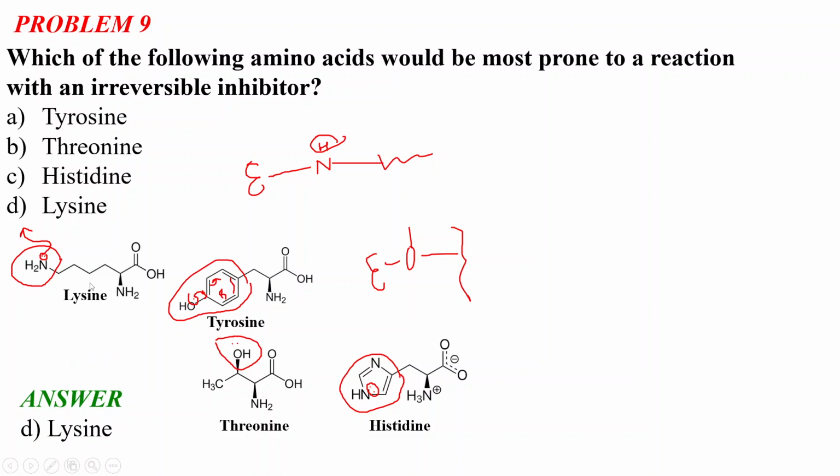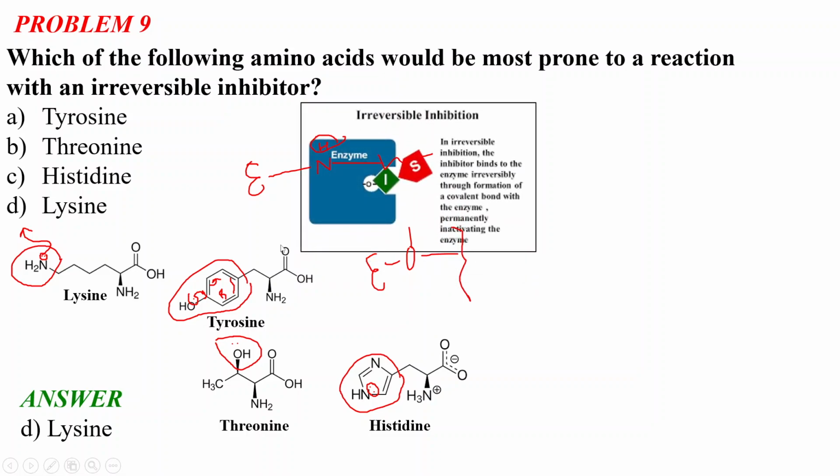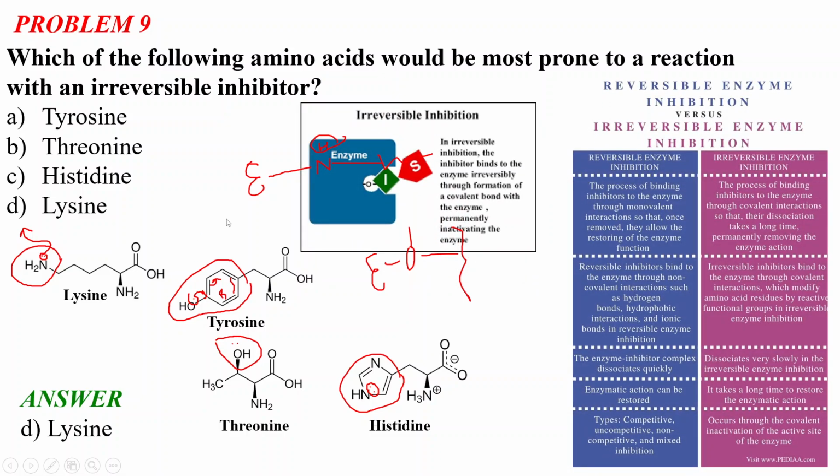Okay. So, in the case of lysine, it acts by donation of this lone pair, and as a nucleophile it is stronger, as you all know that the NH2 nitrogen lone pair is more nucleophilic than the oxygen one. That is the reason lysine will be most prone to act in irreversible inhibition.